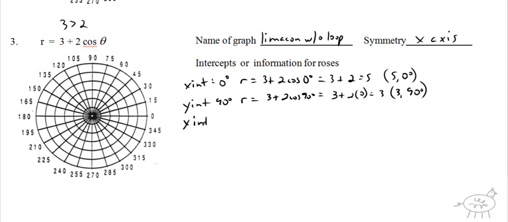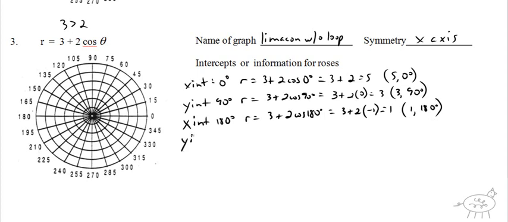Another x-intercept is 180. So r equals 3 plus 2 cosine of 180. So it's 3 plus 2, and cosine of 180 is negative 1. So 3 minus 2 is 1. So we have 1 comma 180. And another intercept, 270.